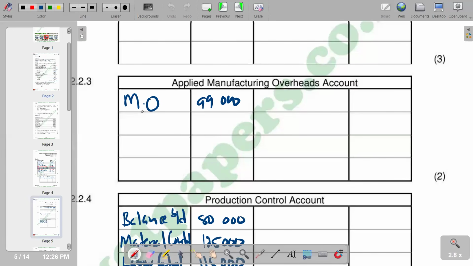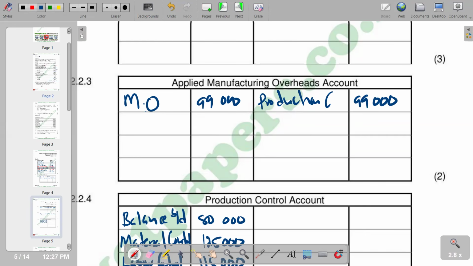This manufacturing overheads on the debit side of the applied manufacturing overheads account should also be transferred to the production control. So for the production control, we are going to transfer the 99,000. Whenever we debit the applied manufacturing overheads account, we transfer the figure to the production control.